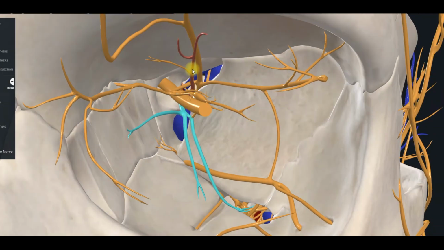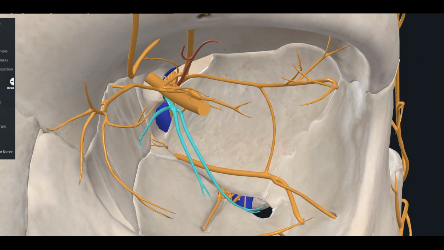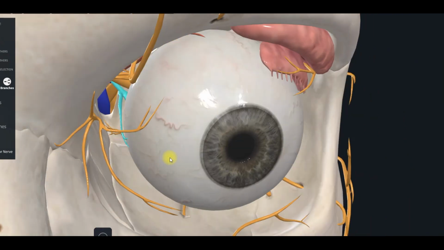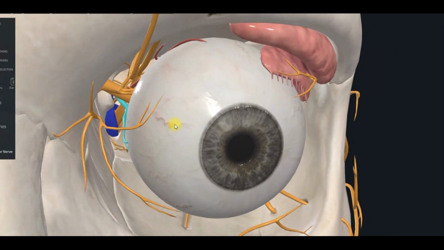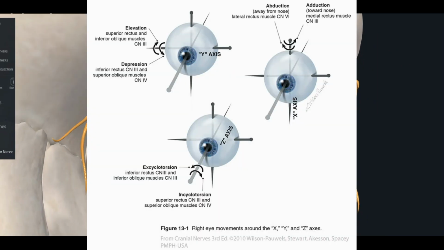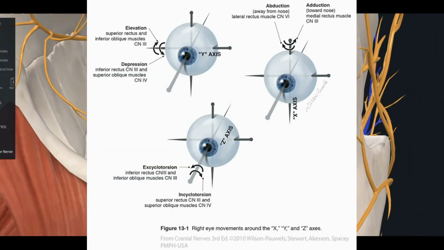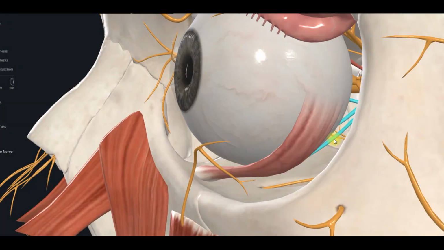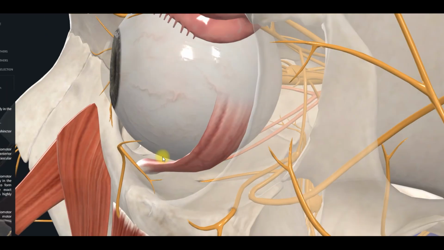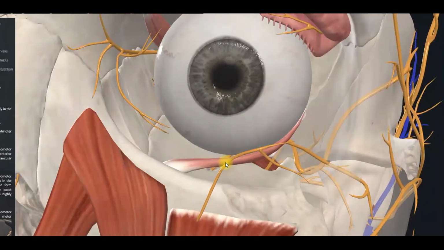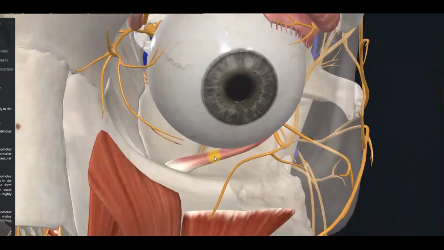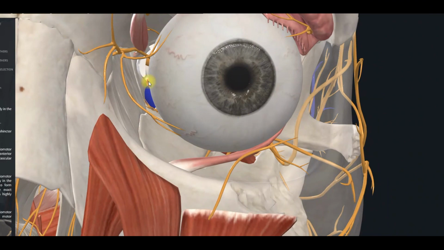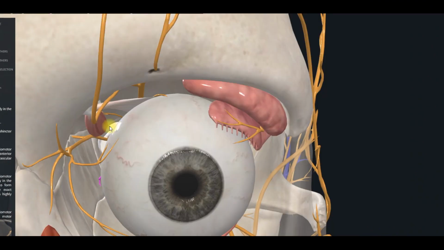The superior branch supplies the superior rectus muscle. The inferior branch supplies the inferior oblique muscle, and also the inferior rectus and medial rectus muscles.